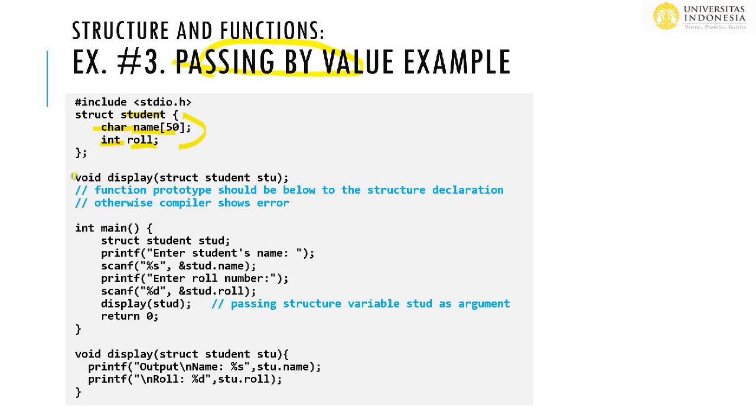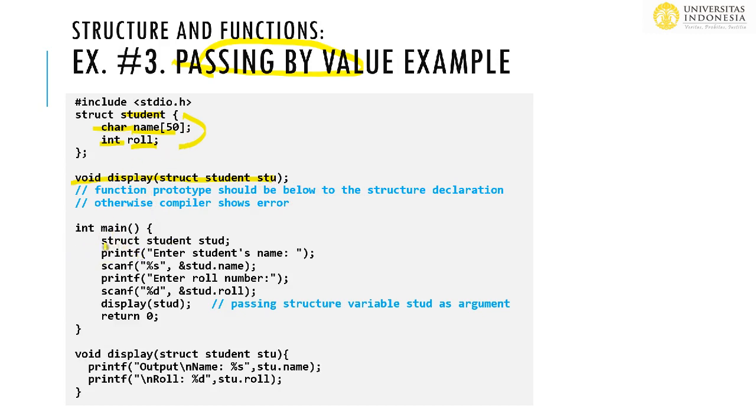And you just have one function here, to display the structure student stu. You only send the content of the variable to the function and print it in a very simple way.